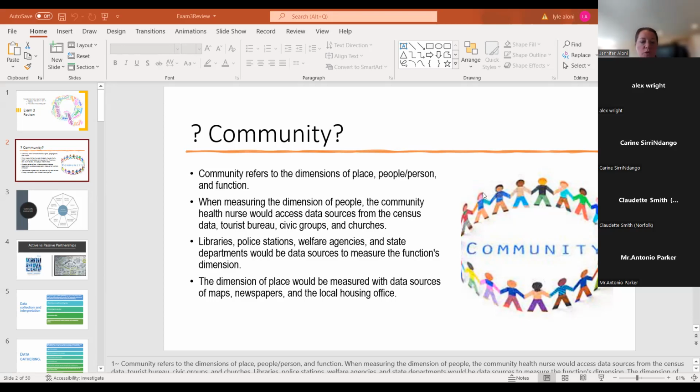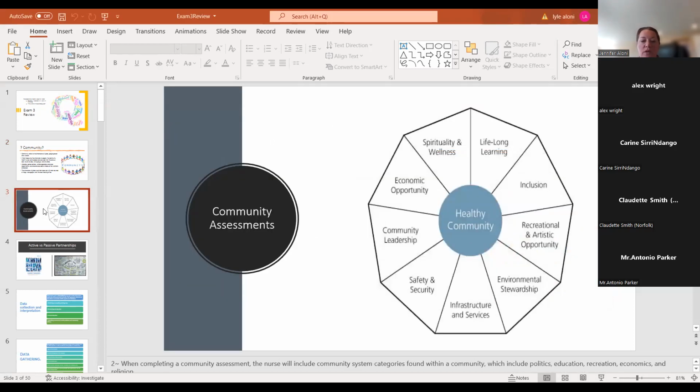When we're looking at a community, generally speaking, what are some things that we will look at? How about maps, newspapers, housing office, police stations, libraries, welfare agencies, state departments, okay? This is just really how would we assess a community, which you guys at this point know.